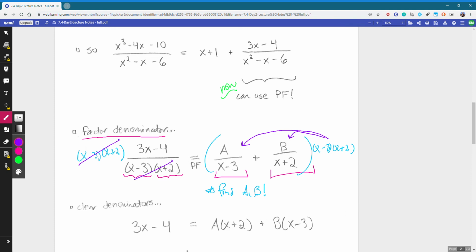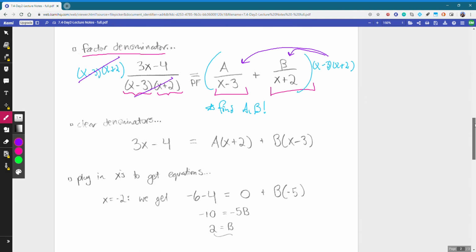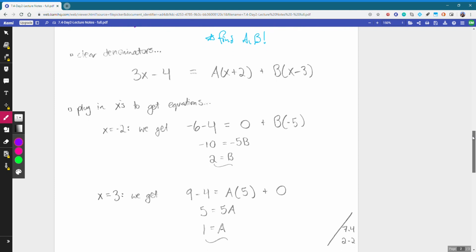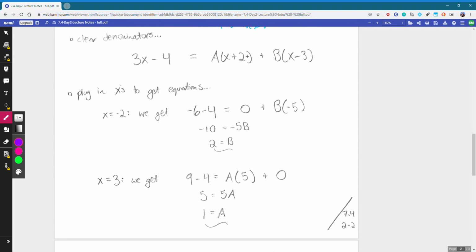And here, because of these linear factors, there are a couple of nice x's that'll get us there pretty quickly. If we plug in -2 to kill off this factor, and if we plug in +3 to kill off this factor, life will be good.